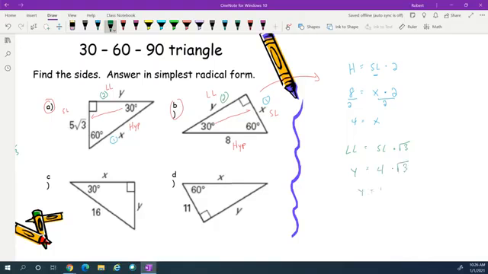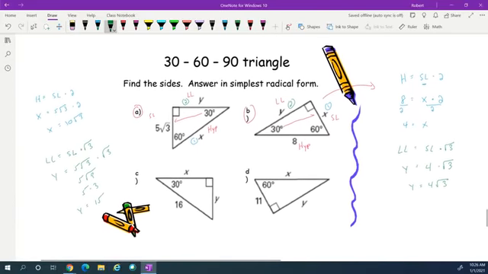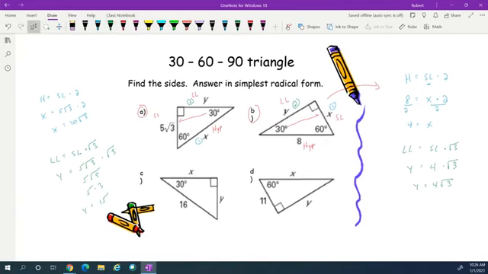So y equals 4 square root 3. Once I know the value for the short leg, I plug it in for short leg. And that is it. And again, like I said before, the complexity of the work with the radicals is different in every question. That's why we've been working with radicals, and that's why we reviewed it right before this unit. But the formulas, how and when to use them, that's the new piece. All right, so let's do some practice with that and build our skills.